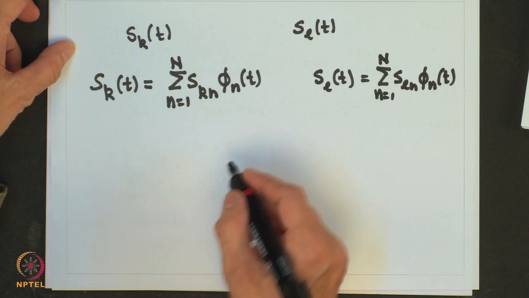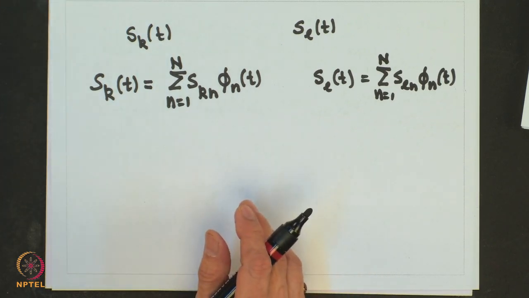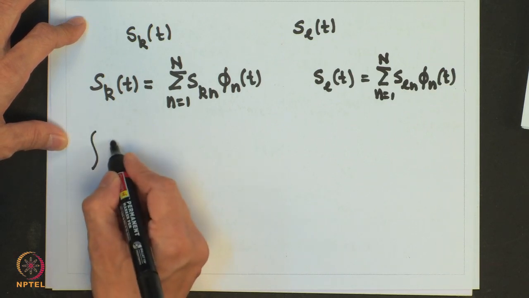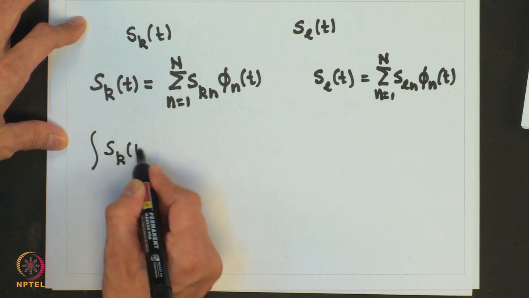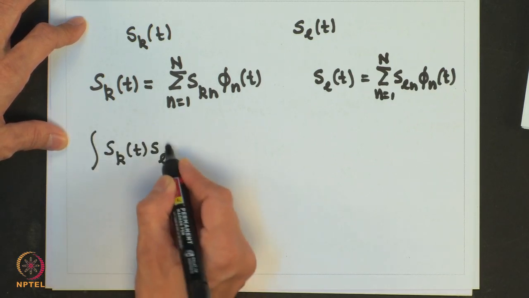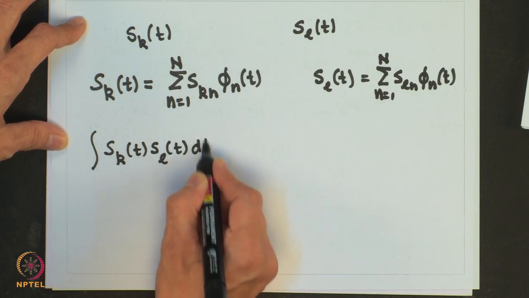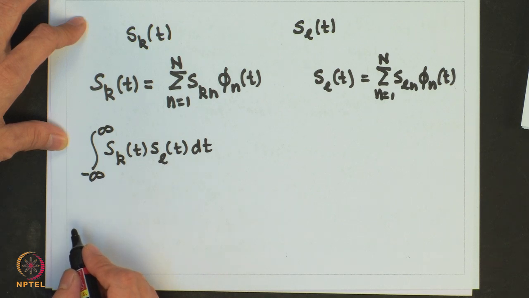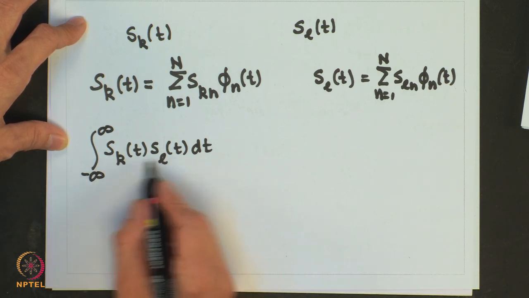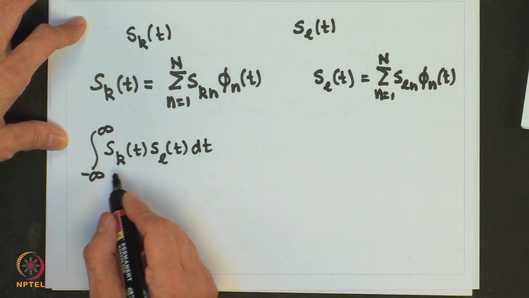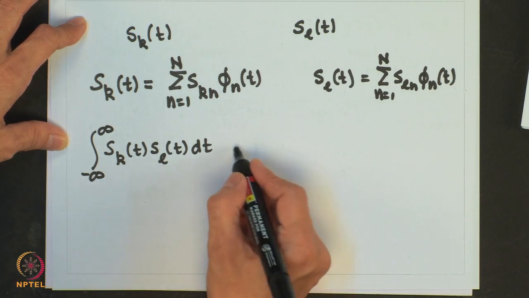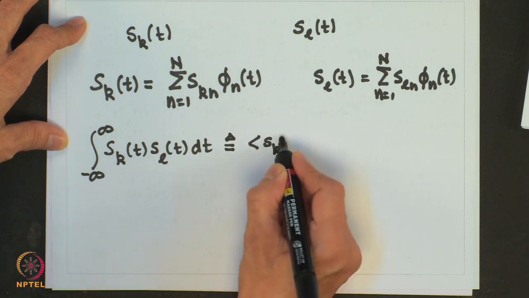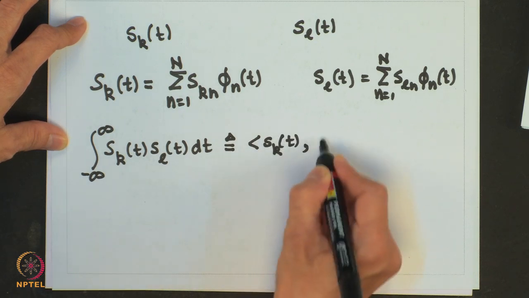And now, if you try to evaluate this integral, right. So, this is nothing but the correlation between the two signals s_k(t) and s_l(t), which we can write by definition as just a notation, correct.